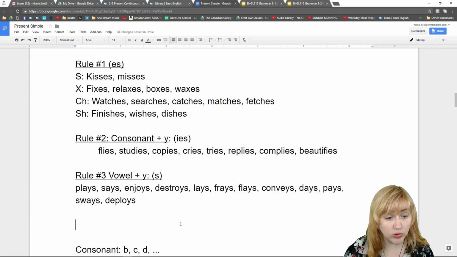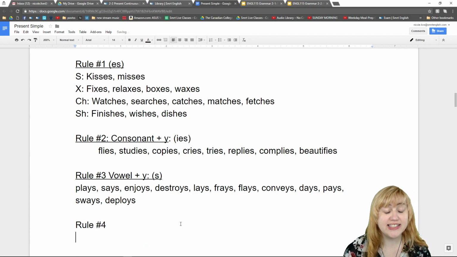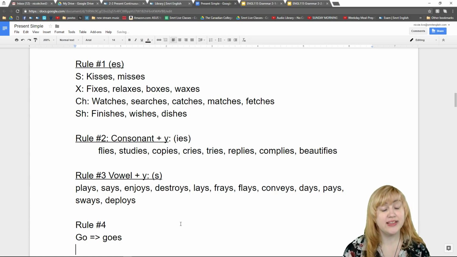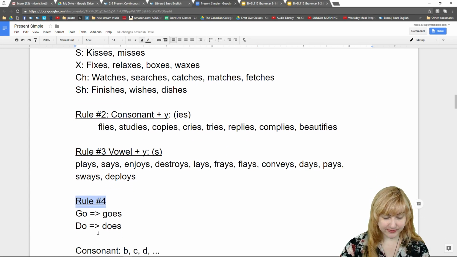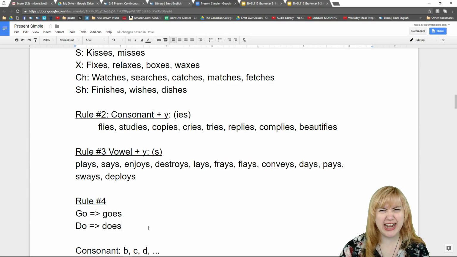So we're just going to make a rule 4 that says if your verb is go, we're going to change it to goes. And if your verb is do, we're going to change it to does. That's going to be our rule 4. Go, goes, do, does.